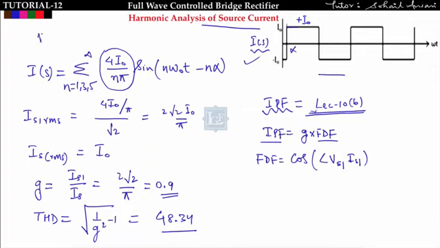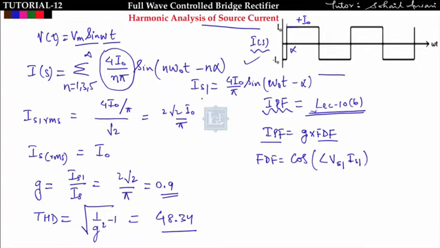So here the fundamental source voltage is nothing but Vm sin omega t only, because there is no harmonic present in the source voltage. Source voltage is always sinusoidal. While the fundamental source current Is1 will come out to be 4 I naught upon pi sin(omega naught t minus alpha), putting n equal to 1.